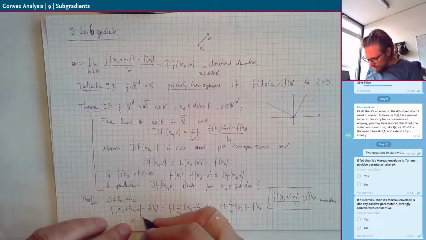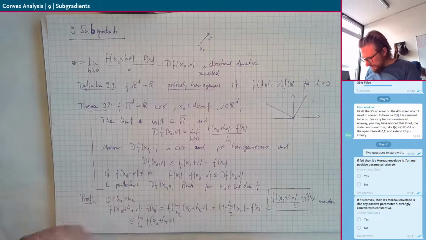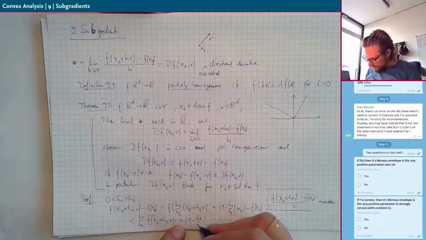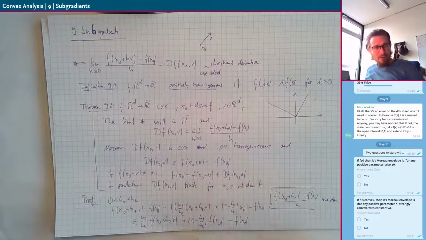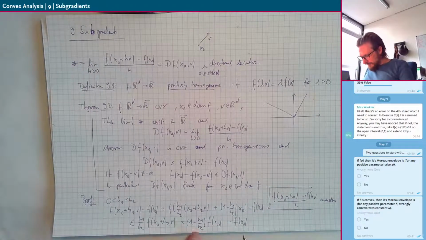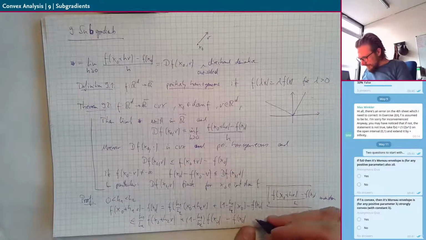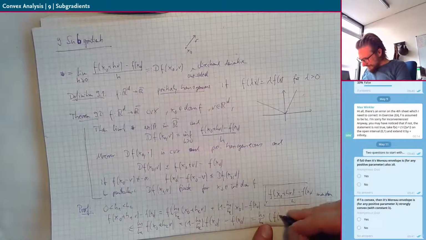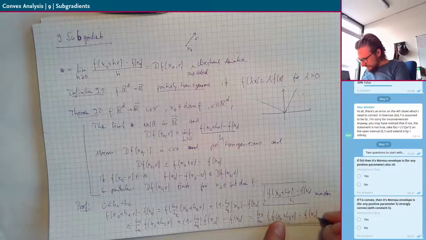So now convexity. Convexity gives h1 over h2 times f of x0 plus h2 times v, plus 1 minus h1 over h2 times f of x0, minus f of x0. Okay, and then we're almost there. We just observe that this one cancels with that minus 1 over there, and then we can pull out the factor h1 over h2 of f of x0 plus h2 times v minus f of x0, and then we have it.